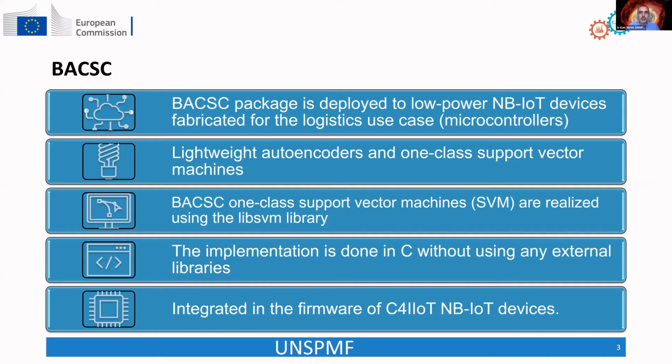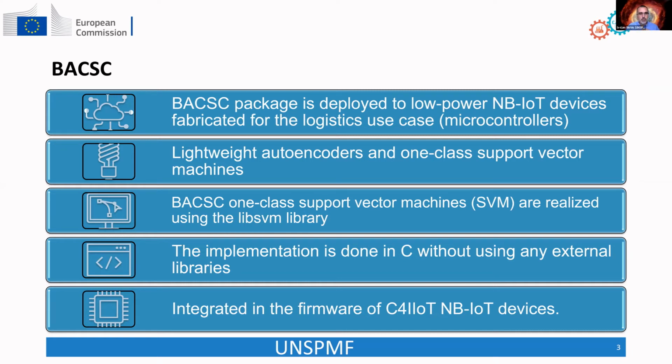It's just a neural network, implemented from scratch and integrated into the firmware of the microcontroller. This device does not have an operating system that you can use to run programs on it, so you have to integrate it into the firmware. That's done within this module, BACS-C.